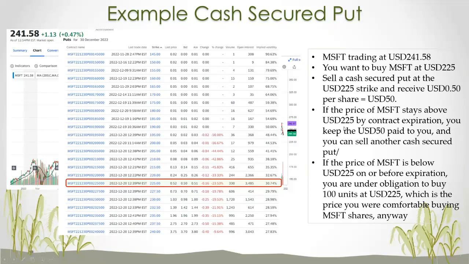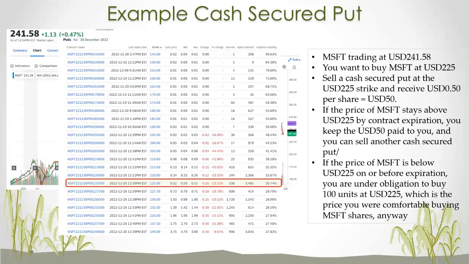And if the price of Microsoft stays above 225 by the 30th of December, which is when this contract will expire, you get to pocket your $50, and the money you put down as collateral to buy Microsoft at $225 will be released back to you, and you can sell another put.